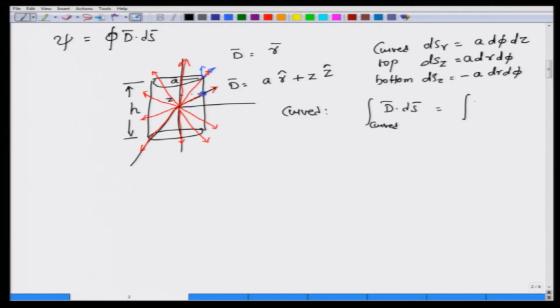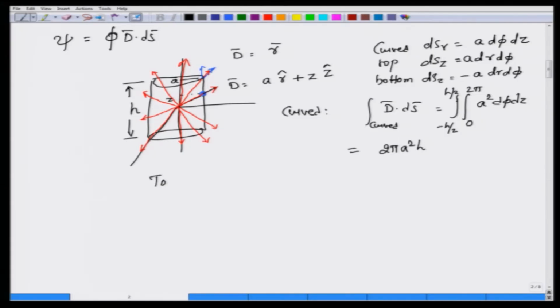And what is the r component of the D field? It is a. So, you will have a squared d phi dz, and the integral over phi is from 0 to 2 pi, and the integral over z is over the height h. You could consider, for example, this to be from minus h by 2 to plus h by 2, so that the total height of the cylinder is h. And this would be 2 pi a squared h. So, this is one partial result that you can keep.